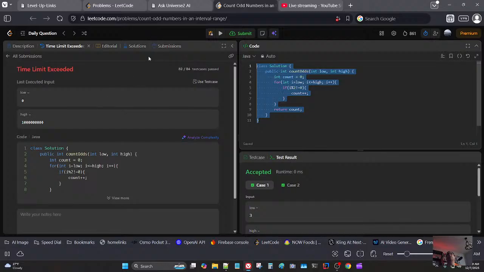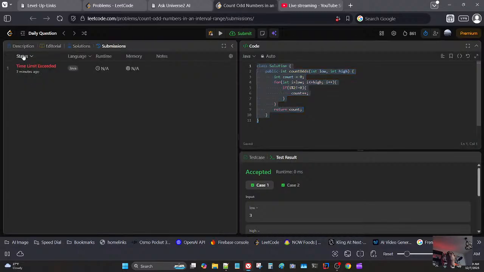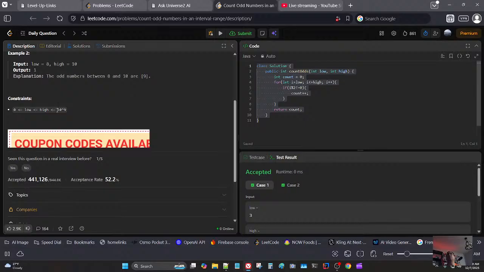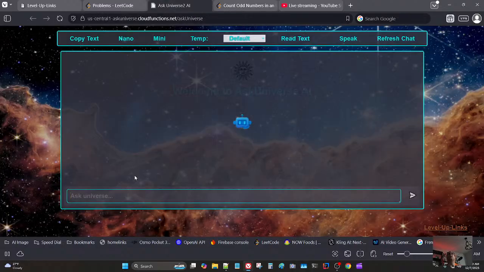So this is just a general question I need answered here. How's 10 to the ninth compared to 2 to the 31st, which is like the int range sort of thing? I'll just ask which is bigger, 10 to the 9 or 2 to the 31.